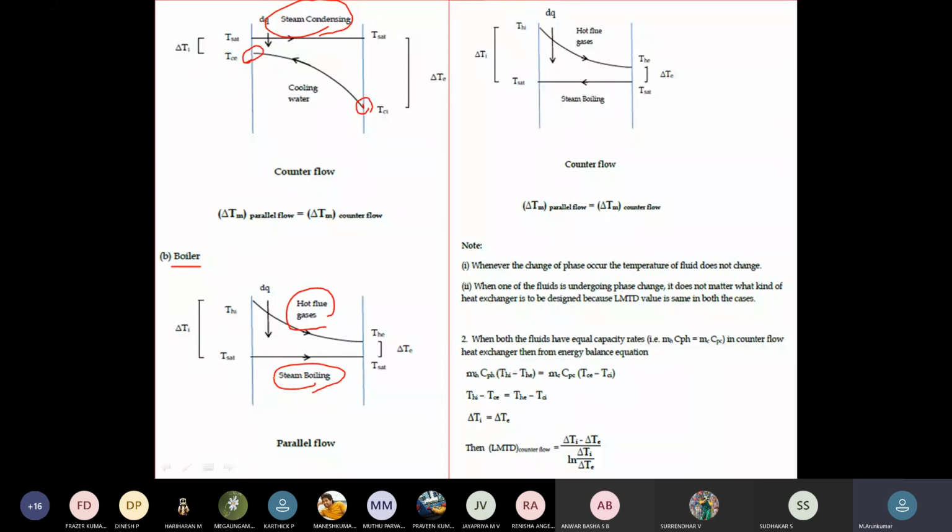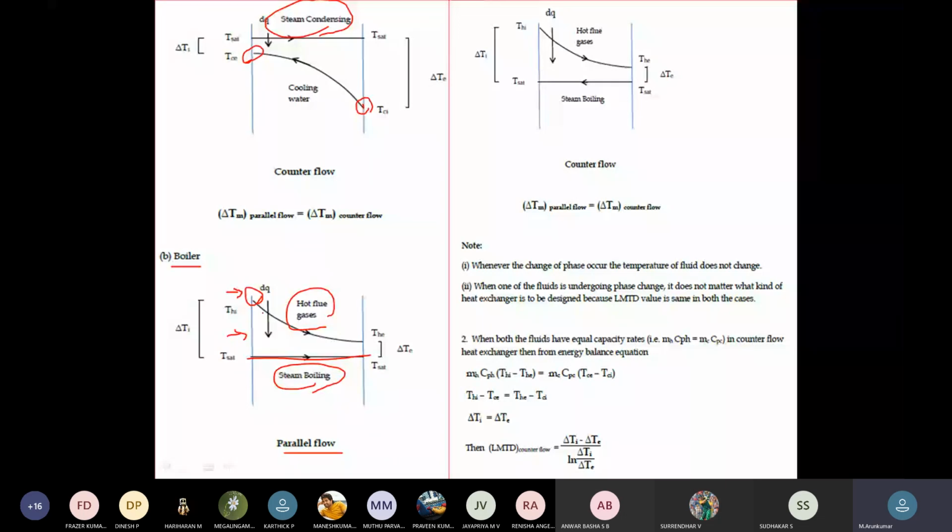This steam has the saturated temperature throughout the flow. The inlet of the hot flue gases will be more, and this is for parallel flow, right? So this is the inlet for the steam, and this is the inlet of the hot flue gases.